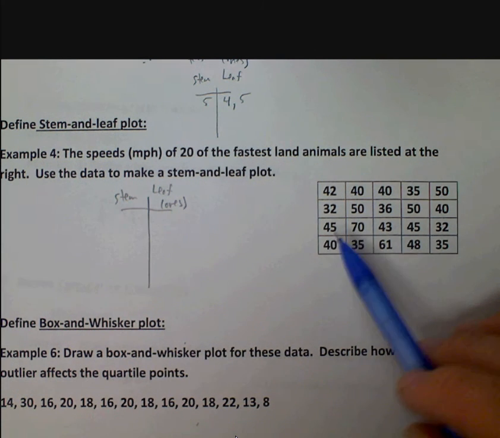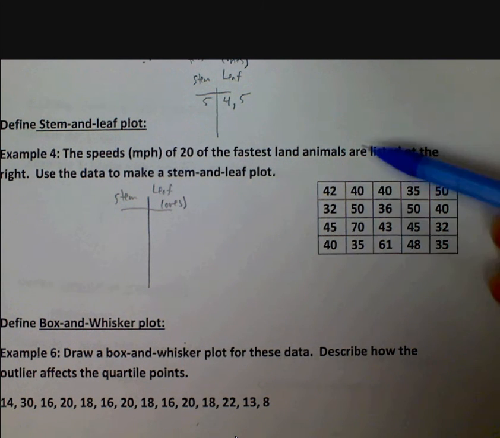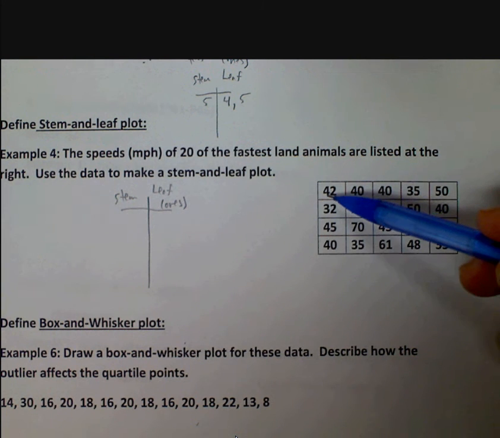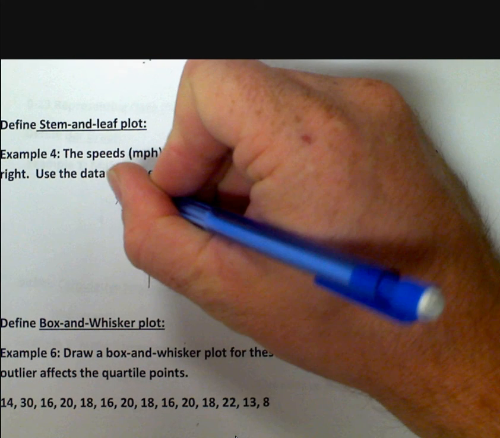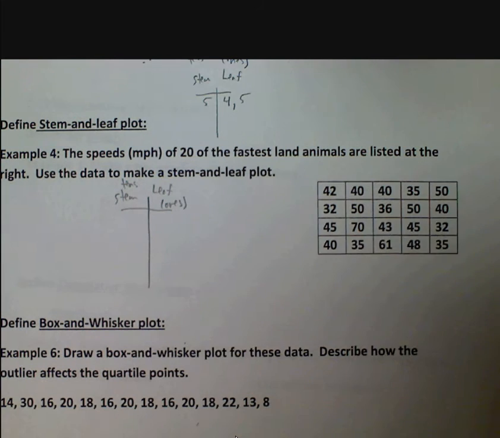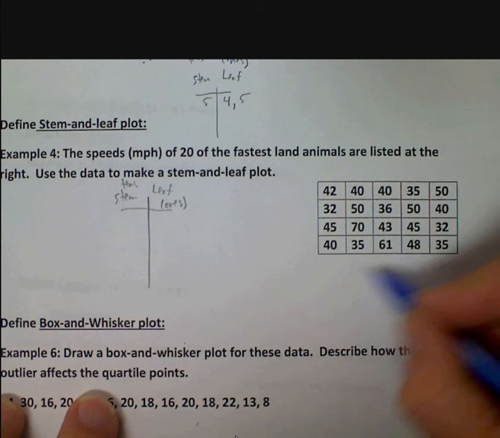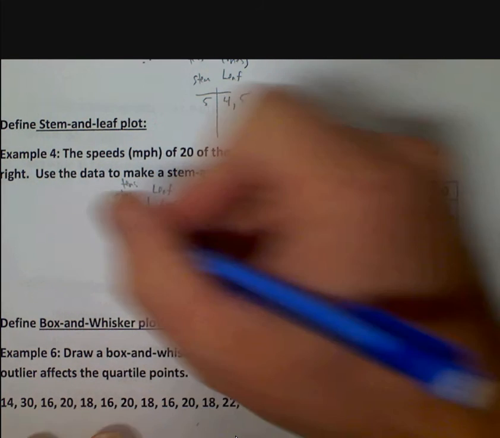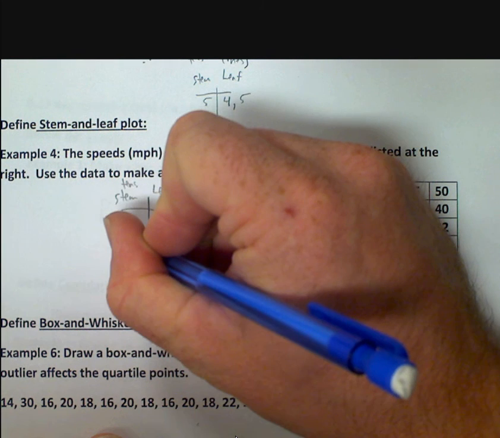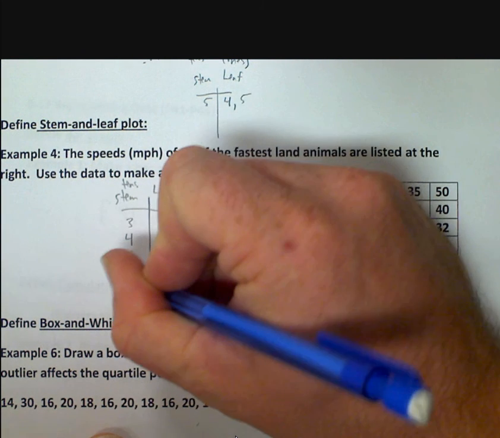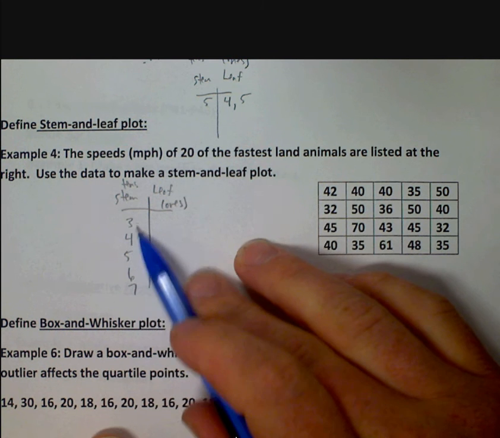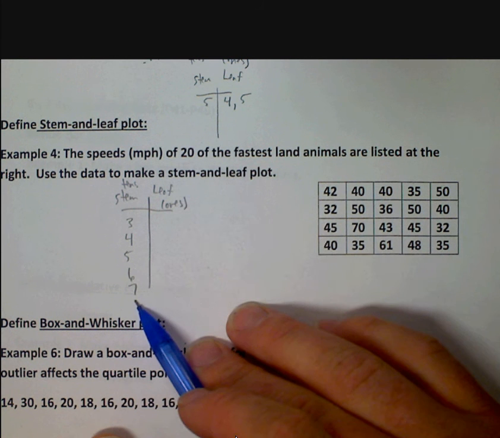With our biggest place values, we have tens. So this stem is going to represent the tens. What tens do we see in our data? We have 3, 4, 5, 6, 7. So these represent 30, 40, 50, 60, 70.